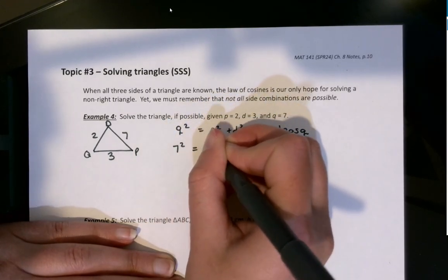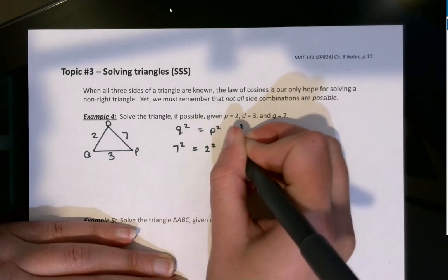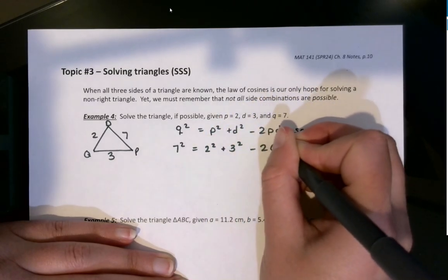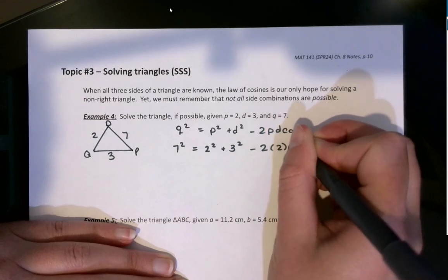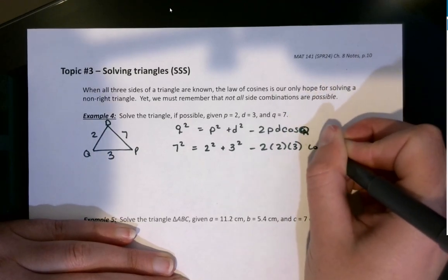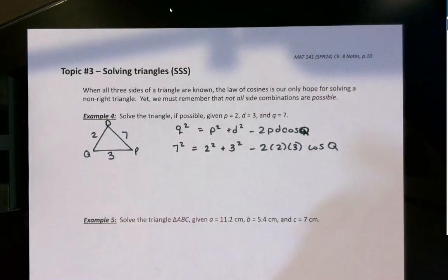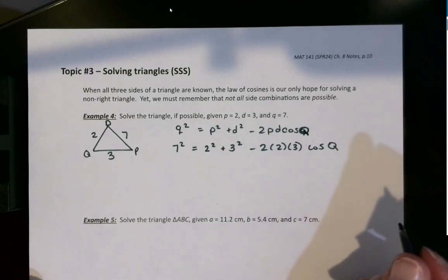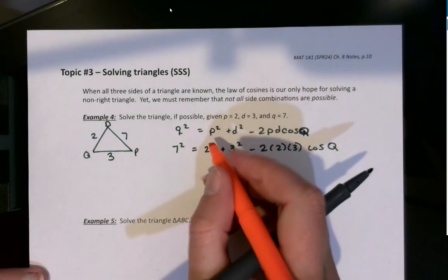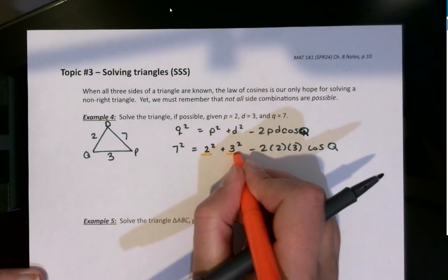P, that's 2 squared. D is 3 squared. Minus 2 times 2 times 3 times the cosine of, I used the wrong case there, angles should be capital, so cosine of capital Q. Okay, so we will subtract over the two measures.